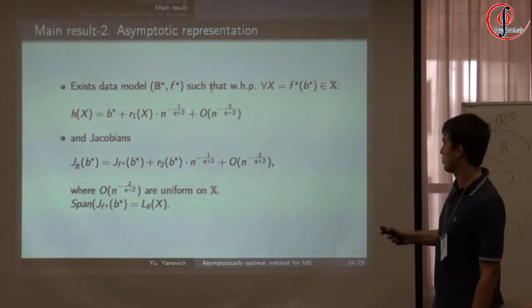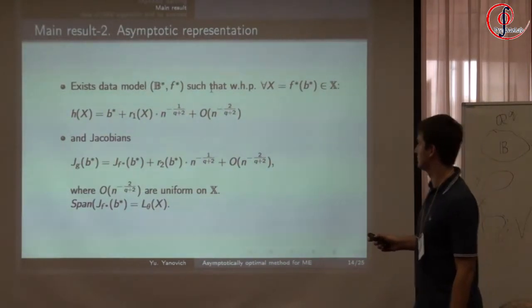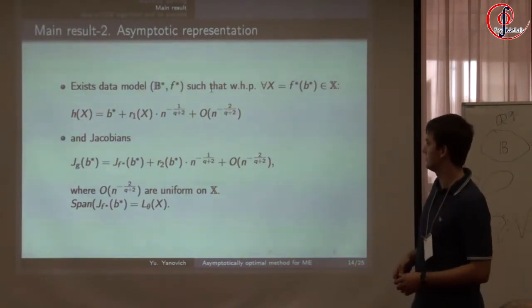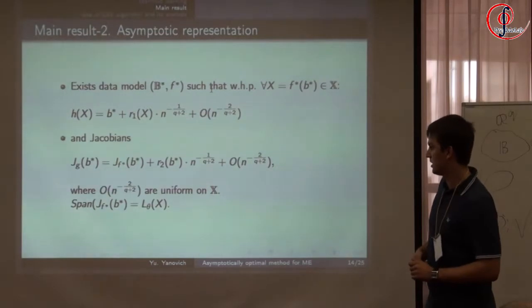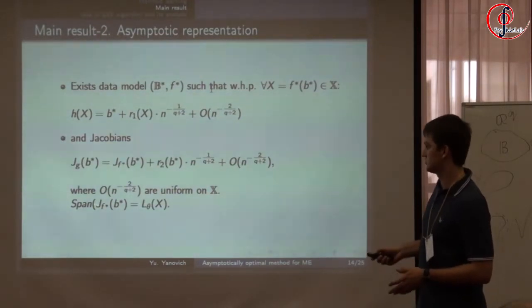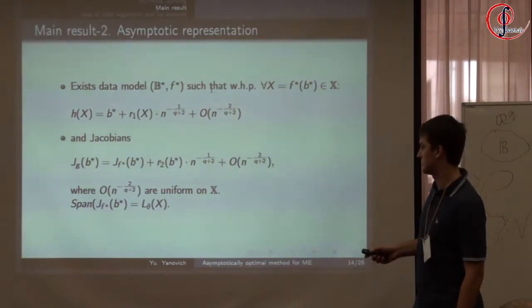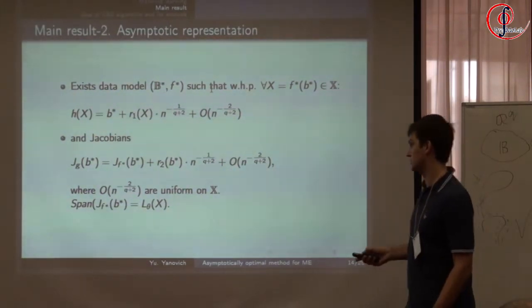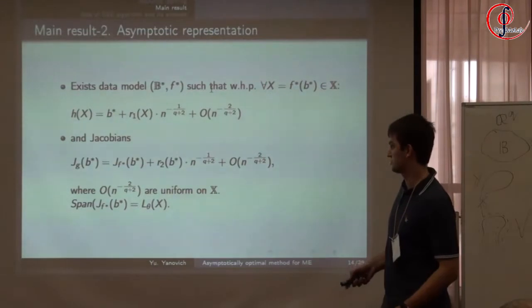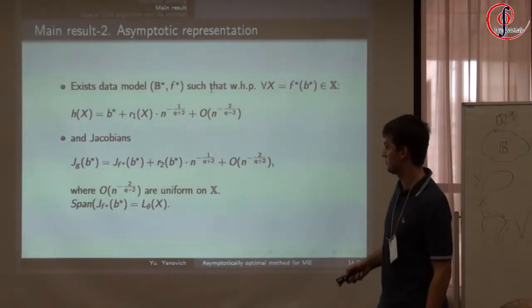There, the O of n terms are uniform on our manifold X. Just note that the spans of the Jacobian matrices are our tangent spaces for the manifold.